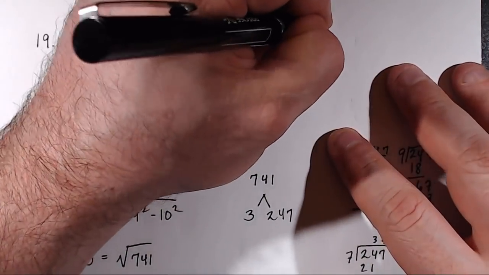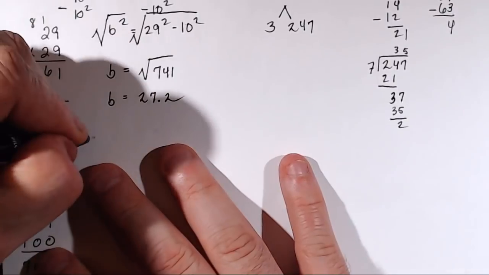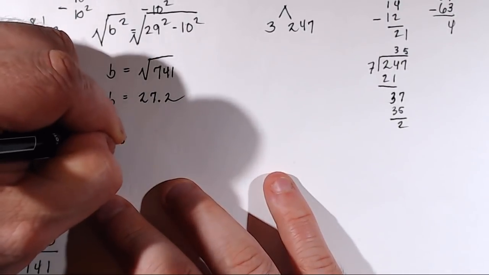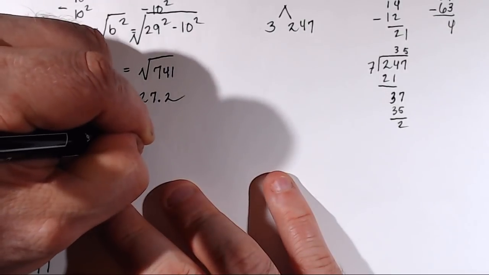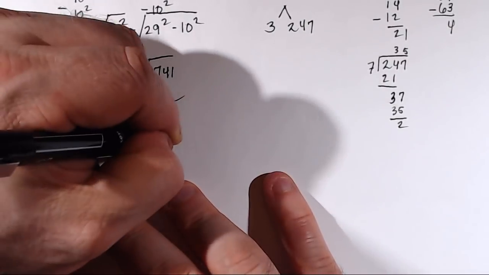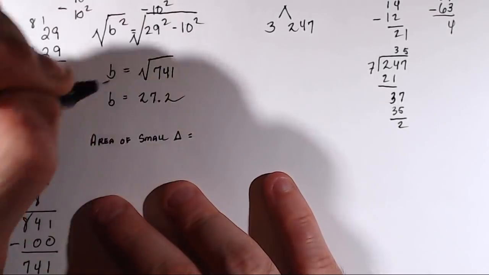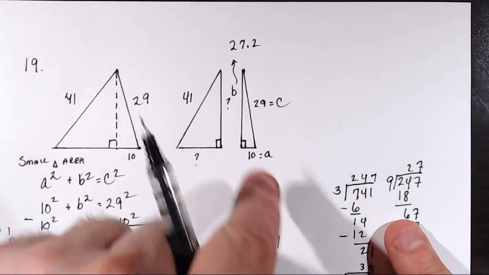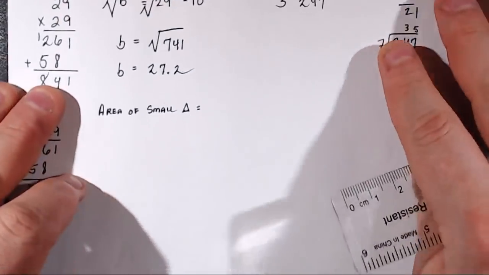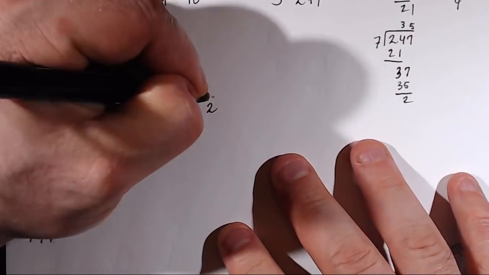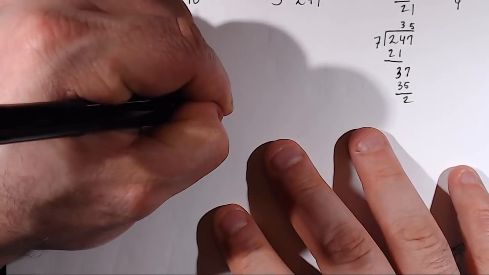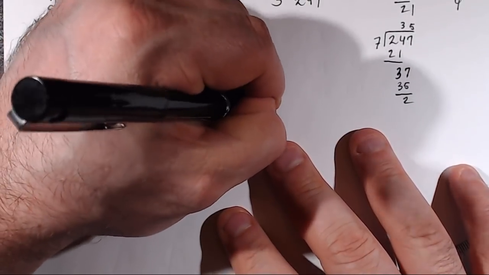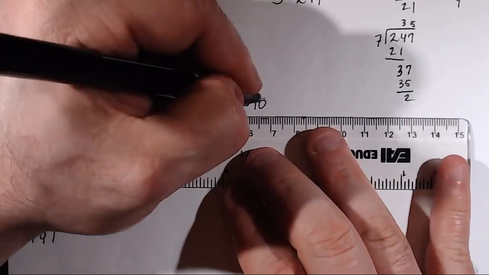So the area of the small triangle is equal to base times height divided by 2. So 27.2 being the height times the base of 10 divided by 2.